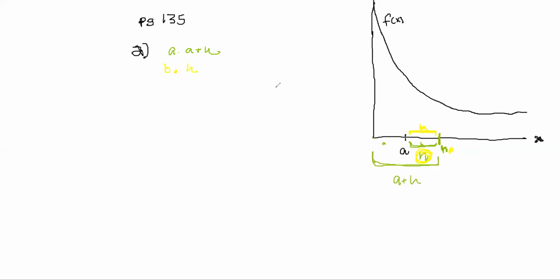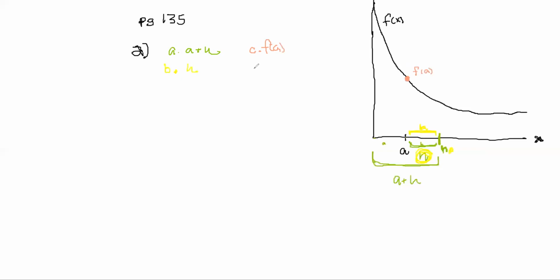Okay. C is going to be f of A. So f of A is the point f of x where x is equal to A. And so that's right there. This is f of A, because this is where x equals A.